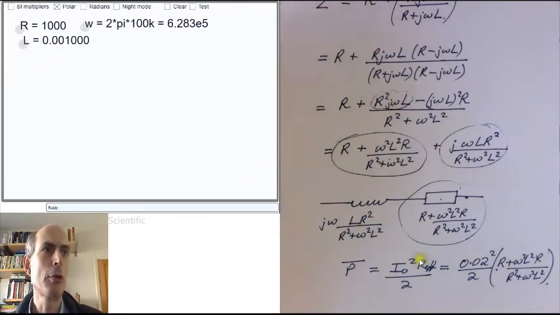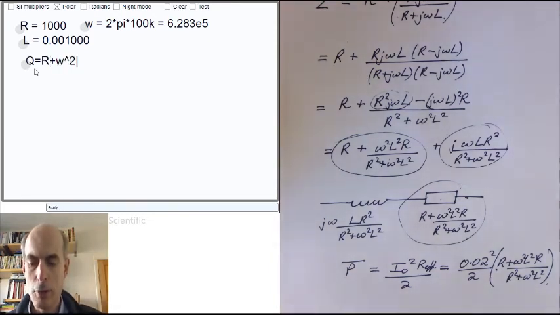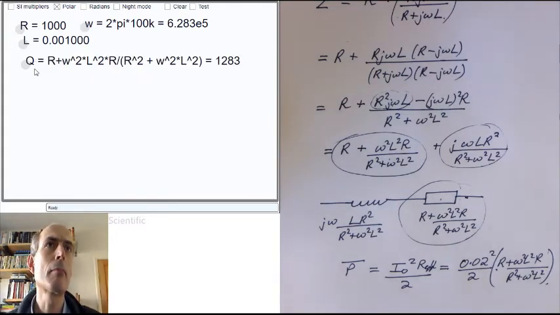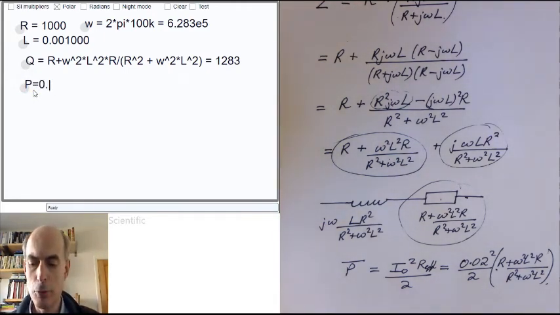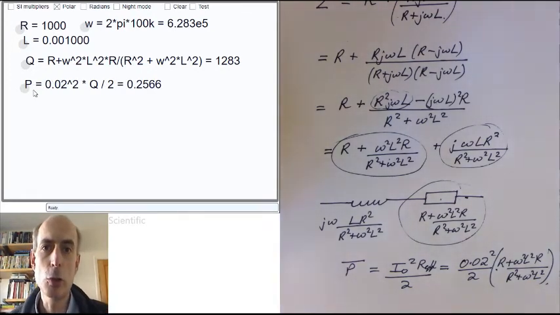Our effective resistance, the real part of the complex impedance of our network, I'll just call it Q for now, is R plus omega squared L squared times R divided by R squared plus omega squared times L squared, or just over 1.28 K. So our average power being dissipated by this component is 0.02 squared times that effective resistance divided by 2, or just over 1/4 of a watt.